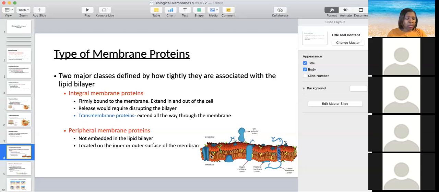We talked about the properties of the phospholipid, having those hydrophilic heads and hydrophobic tails, and how they arrange themselves into that lipid bilayer. And then we just looked at the classes of proteins that are found embedded in the cell membrane. We have our integral proteins that are firmly rooted or attached to the membrane, and then we have those peripheral proteins that are bound to, located on, the outer or inner surface of the membrane. Any questions about that?